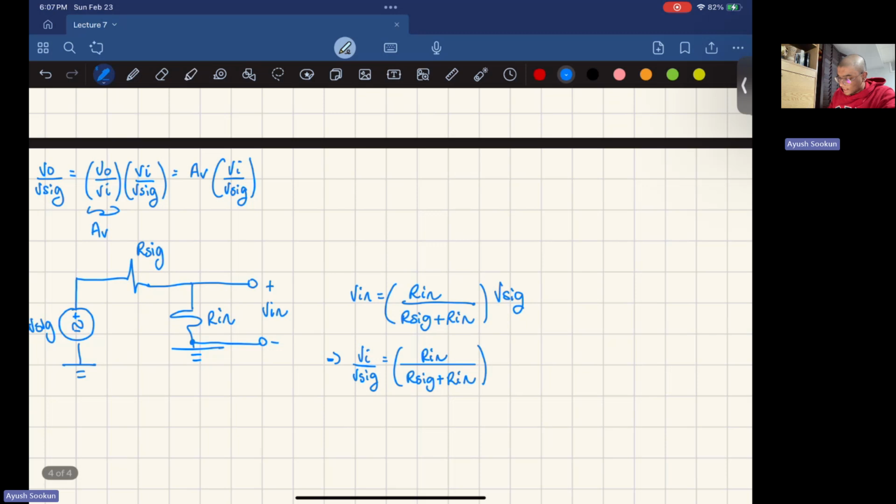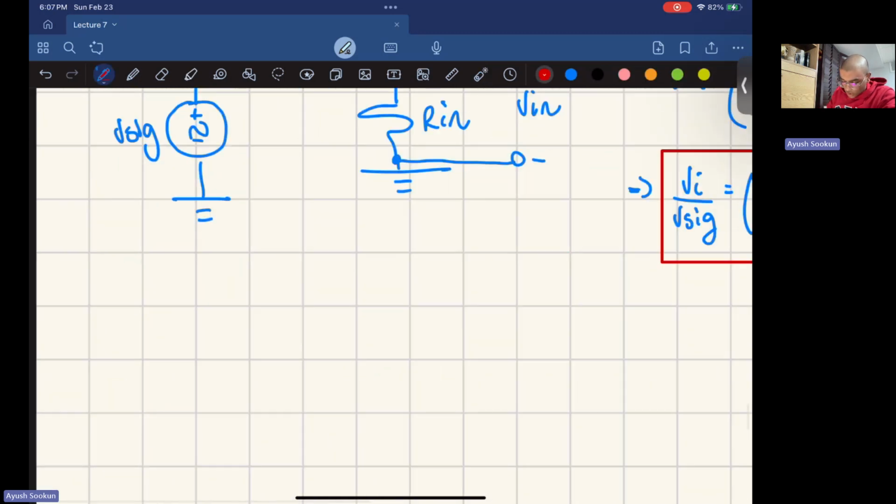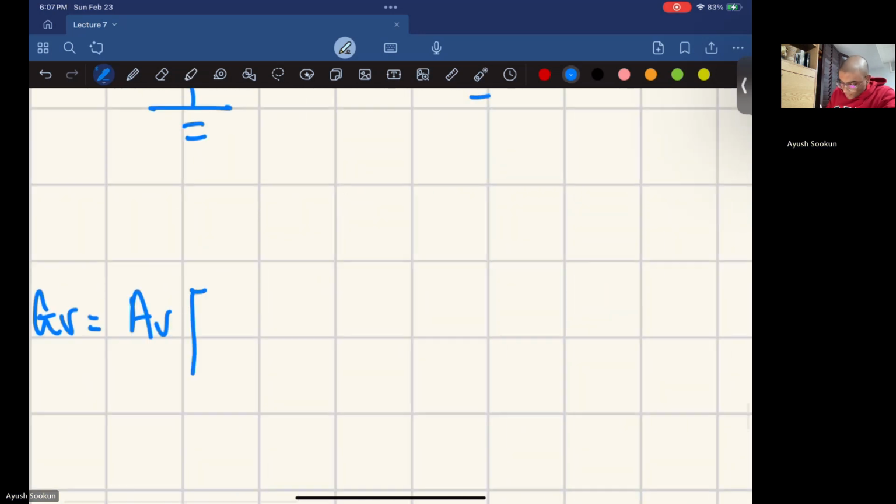So that means I can take this expression and plug it in here. So Gv, which is my overall voltage gain, is going to be Av times Rin over R sig plus Rin.